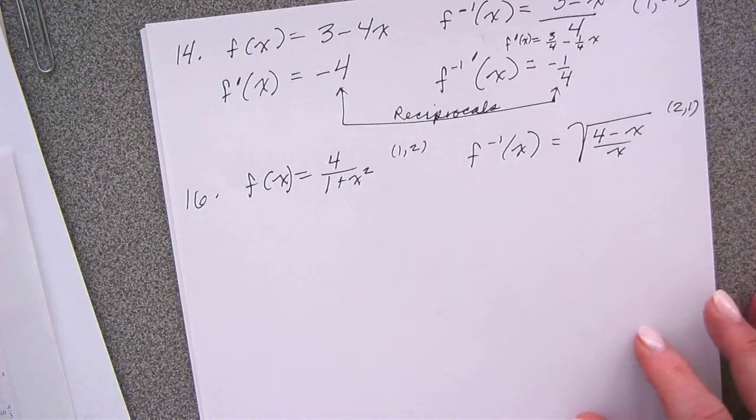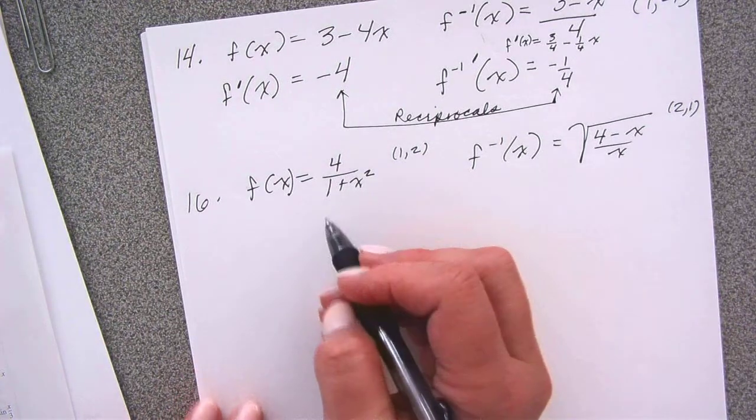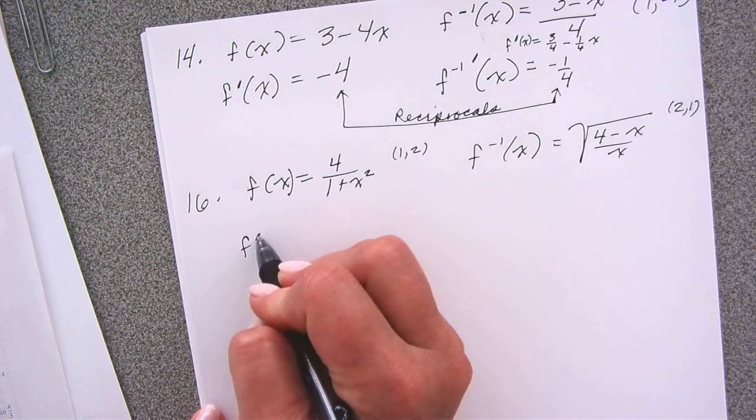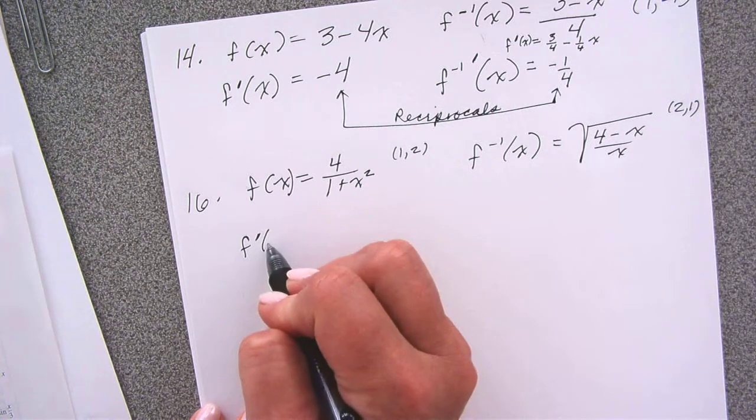Okay. All right, so just find the derivatives of each one. So what rule do we need to use? Quotient rule.